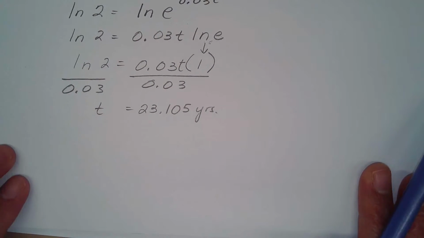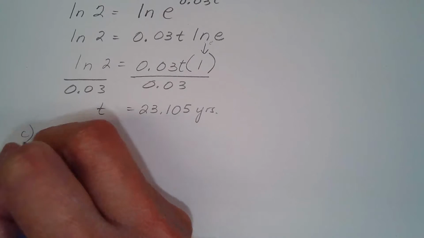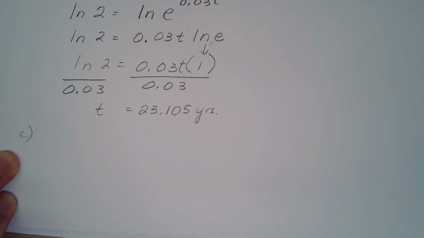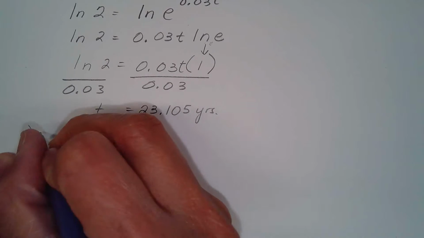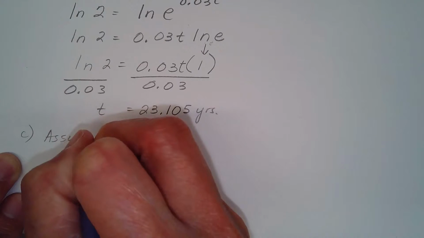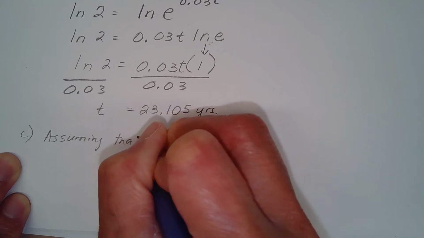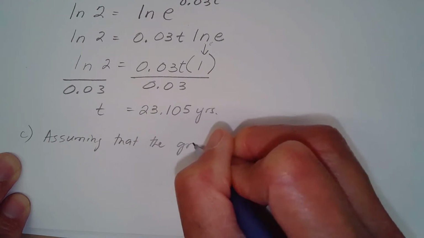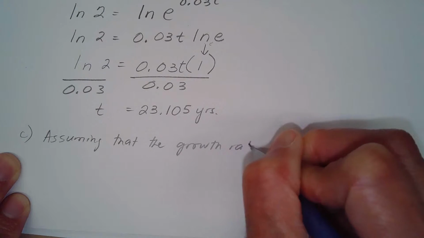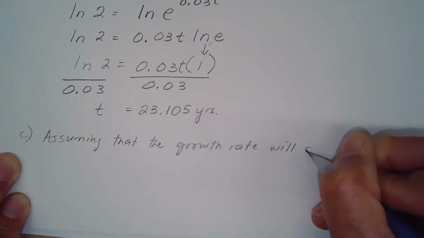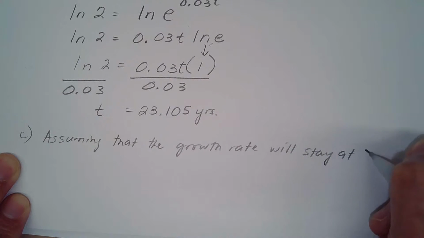Good. Now letter C. What assumptions are we making in here? That it will continuously go at 3% annually. Yeah, that's right. So we're assuming that the growth rate will stay at 3%.